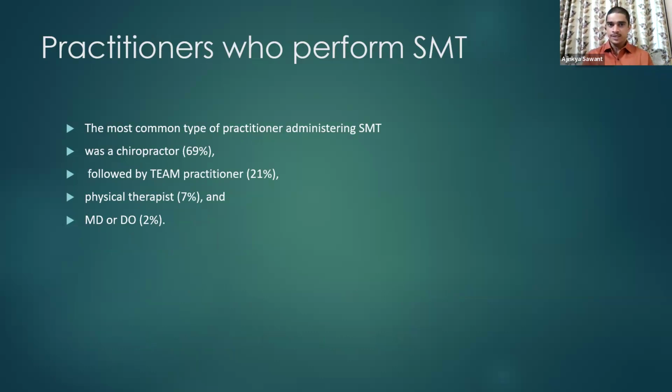We are talking about the thrust techniques because we are very cautious about doing this. We fear what the surgeon will think or say. So most commonly it was chiropractors who do it. 70% of chiropractors still do it post surgery.